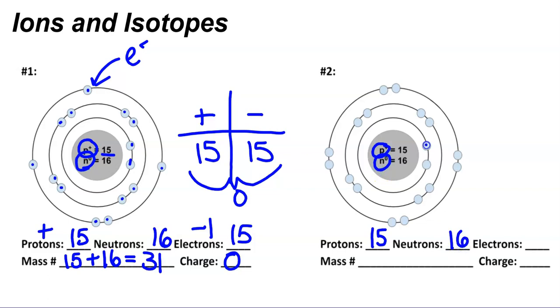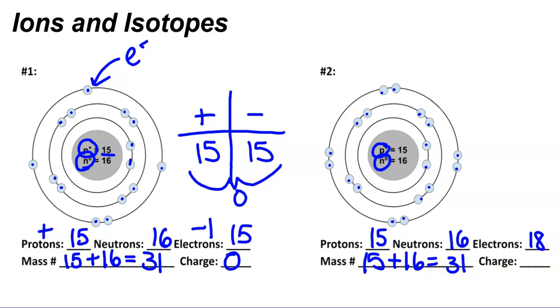So we'll start counting 1, 2, 3, 4, 5, 6, 7, 8, 9, 10, 11, 12, 13, 14, 15, 16, 17, 18 electrons. Our mass number is going to be our protons plus our neutrons, so that'll be 15 protons plus 16 neutrons, so still a mass number of 31.